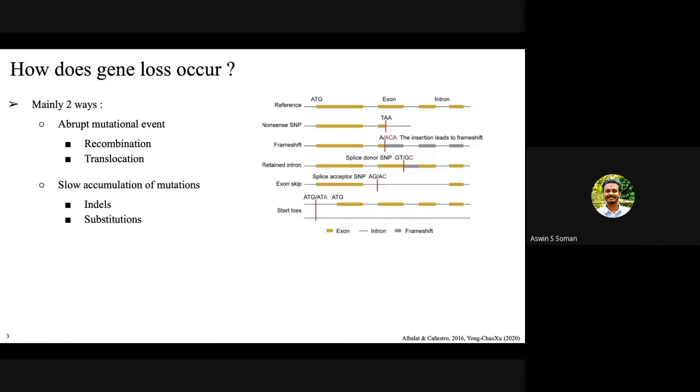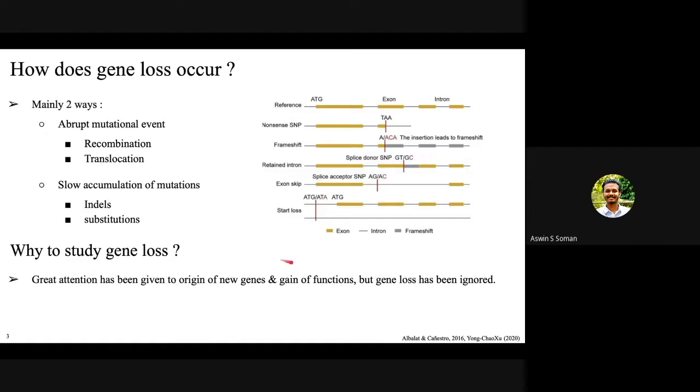Now the question comes: why study gene loss? If you look at the literature, great attention has been given to the origin of new genes and gain of functions, but gene loss has been entirely ignored for a long period of time.